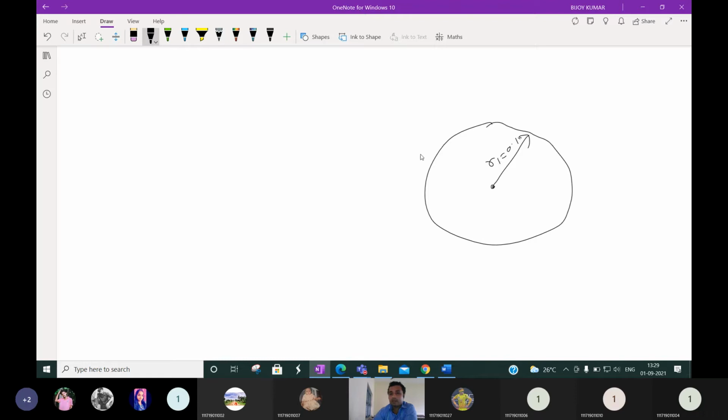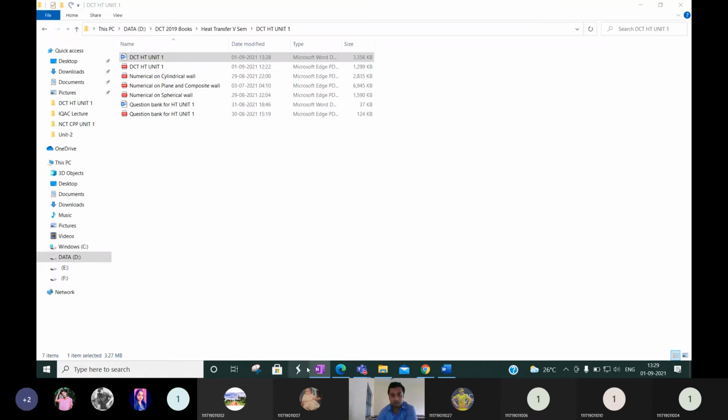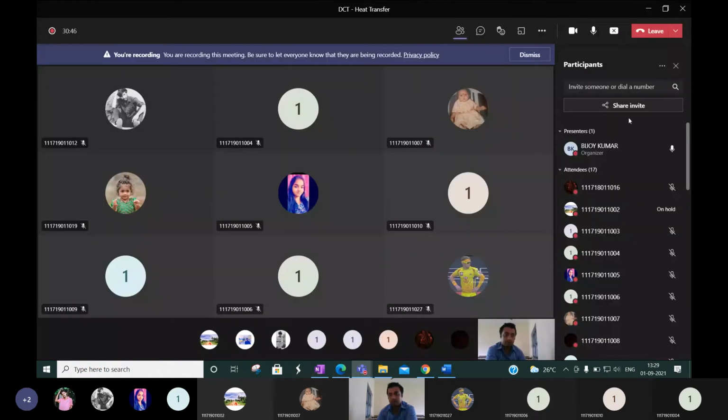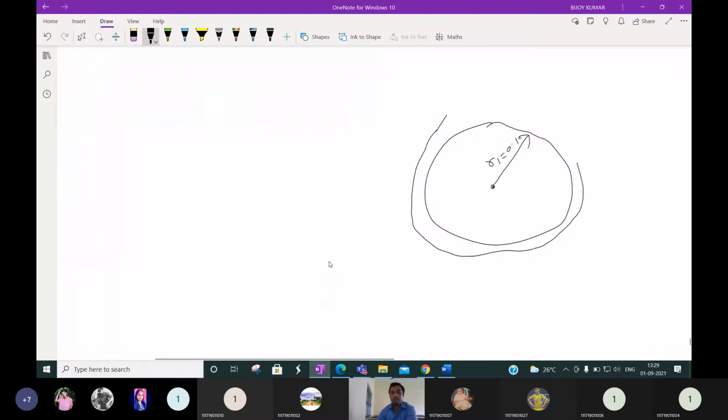The thickness... it is covered with another layer of insulation whose thickness is 5 centimeter. This thickness is given as 5 centimeter.